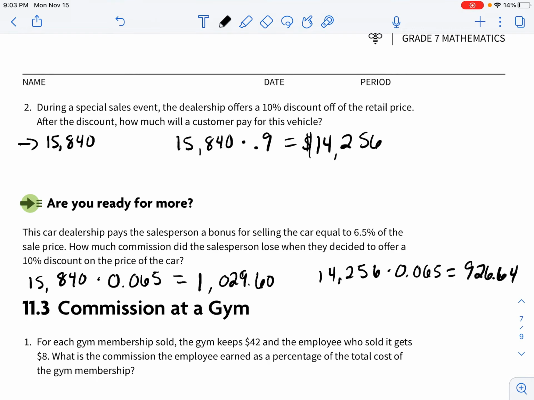Okay, so 10% discount. And the last part says how much commission did the salesperson lose when they decided to offer a 10% discount.